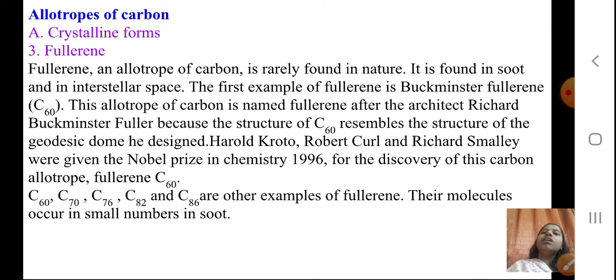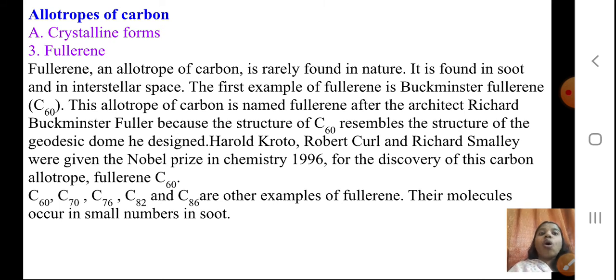How many carbon atoms, students? There are 60 carbon atoms, and that arrangement we call the fullerene. Now C60, C70, C76, C82 and C86 are other examples of fullerene.